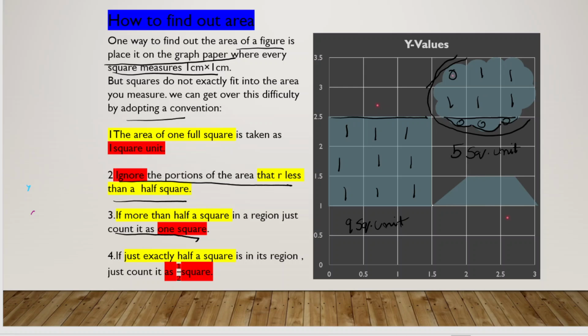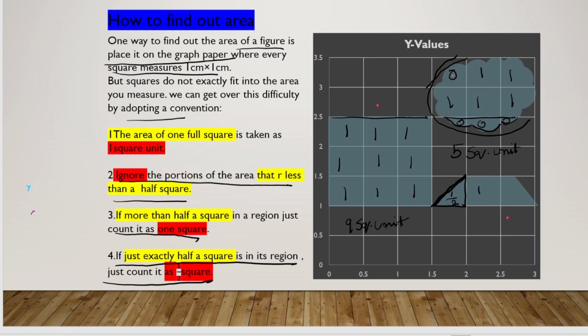And coming to this picture, here this portion exactly occupies half a square of the graph sheet, so it is exactly half. So in that case, if exactly half a square is in a region, just count it as half a square. So this can be denoted as half a square unit.